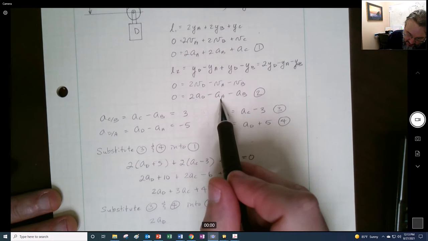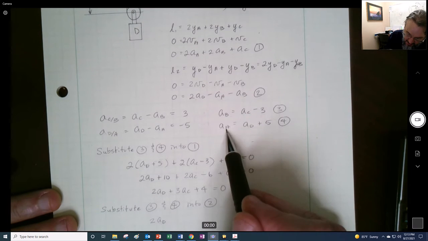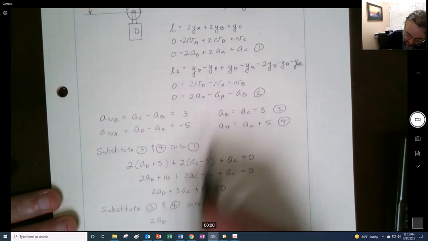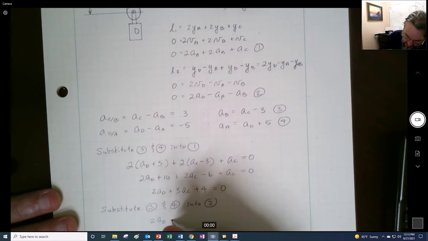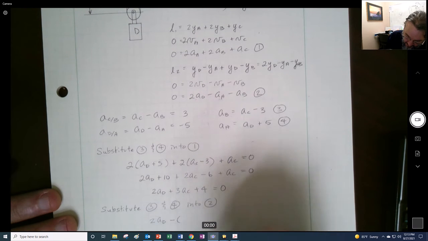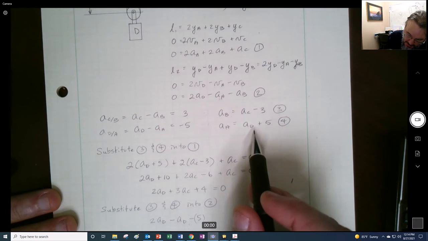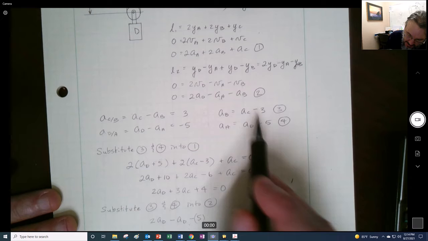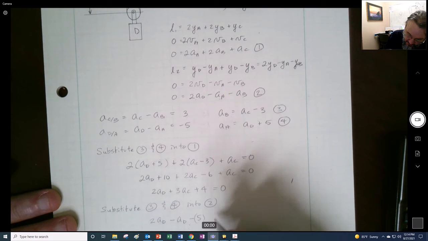But I'm going to substitute for the negative this guy in for there. So it goes negative, let me just put them in there. I don't have to put these parentheses. Negative AD minus 5 right there. Did that right? Yeah, in there. And then for here, it's going to be minus AC plus 3 equals 0.